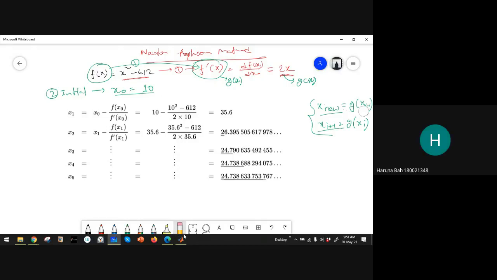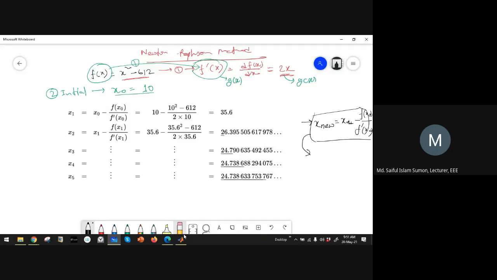In this case, to find the new x, what I need to do is x new is equal to x old minus f of x old divided by f prime of x old. So this is going to be used by me.